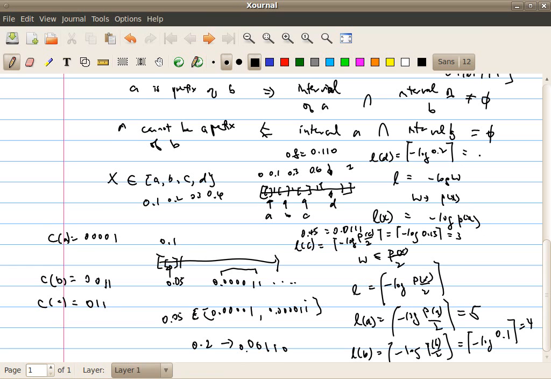So I should take 3 digits, and therefore the codeword of D is 110. So that's basically the SFE code.